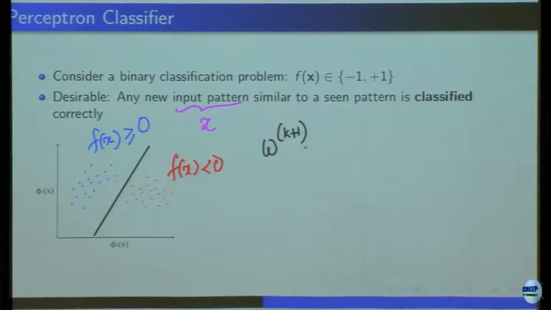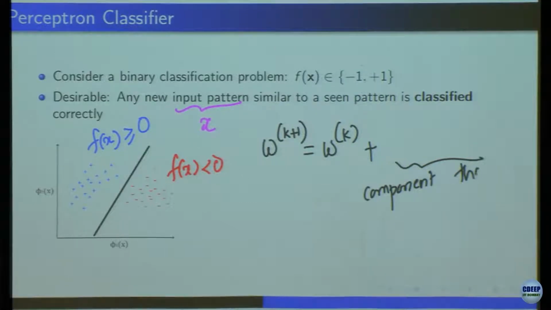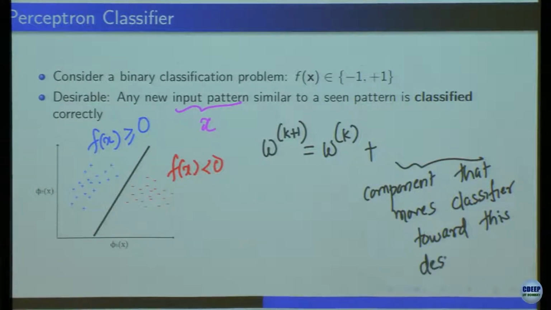I want to learn w_{k+1} equals w_k plus some component that moves the classifier toward this desired behavior. Okay, and what is the desired behavior we are talking about? This desired behavior.